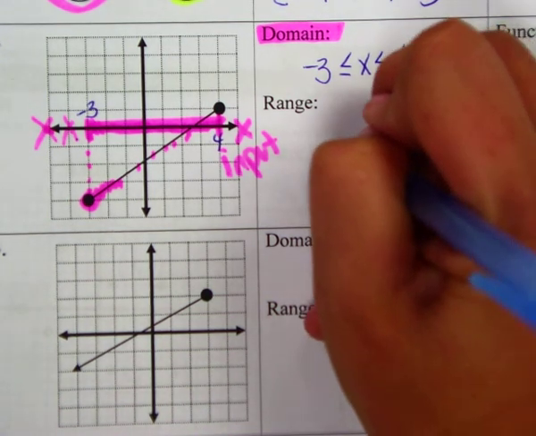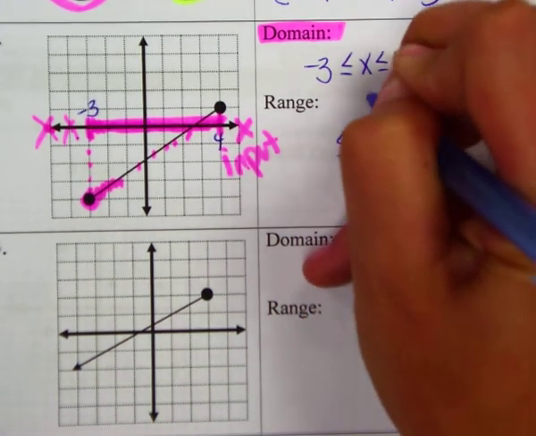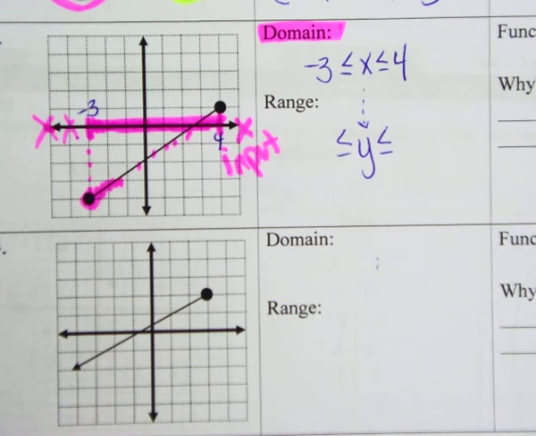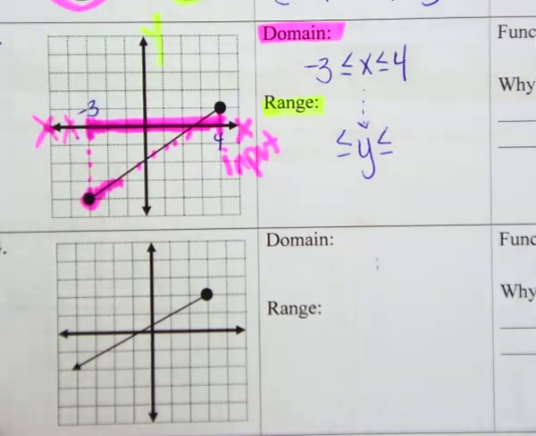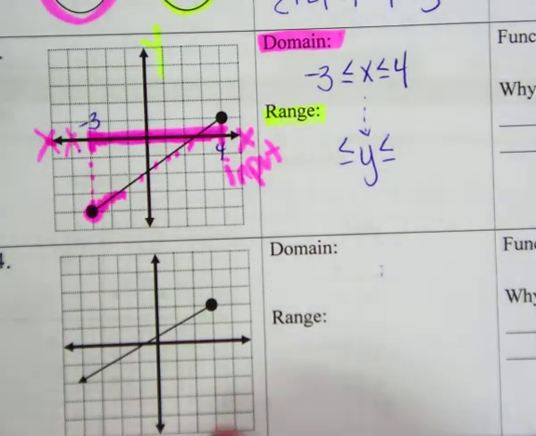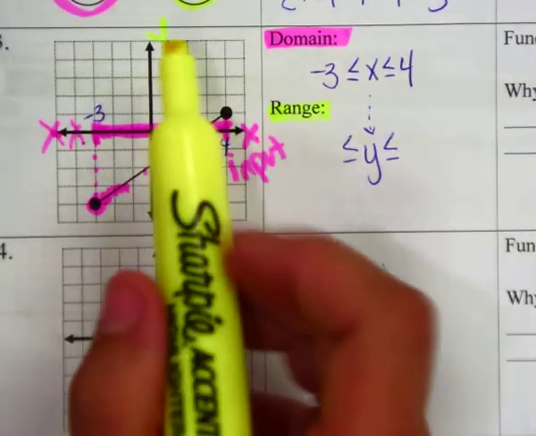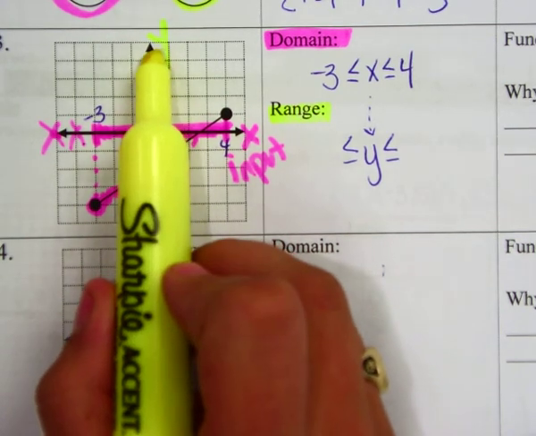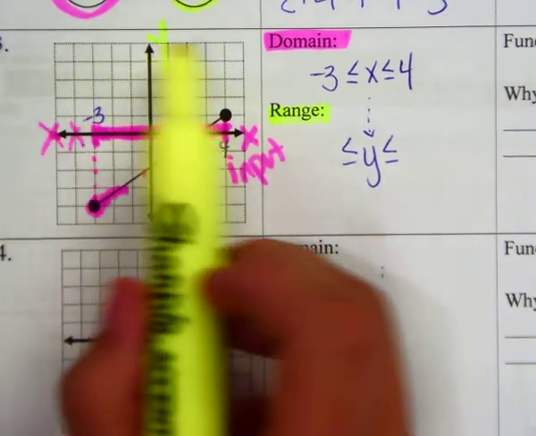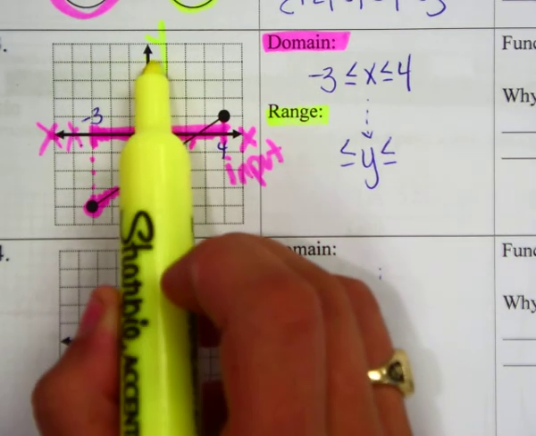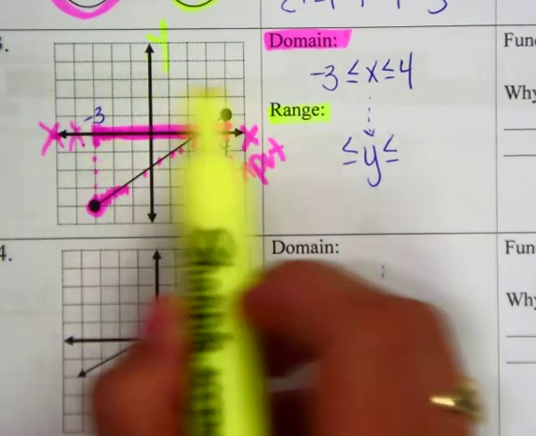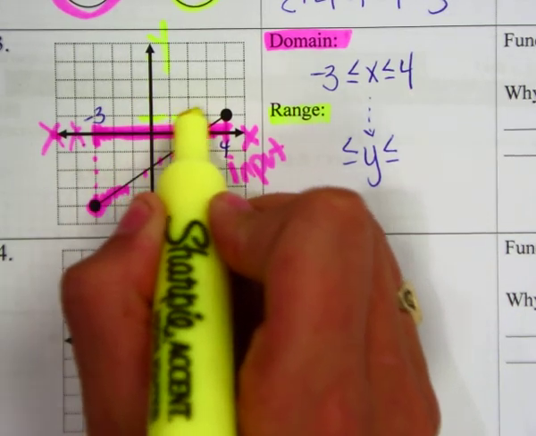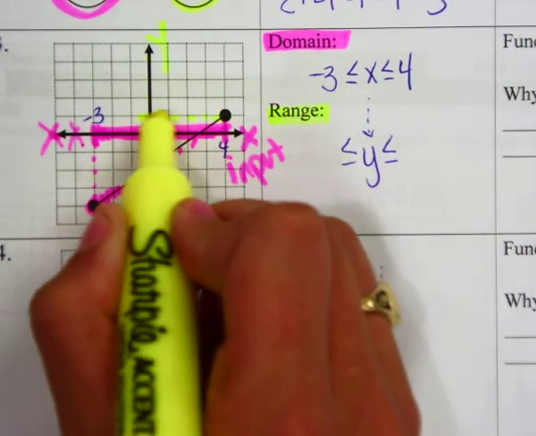Now let's do y. We're going to write y the same way, except instead of an x, we're going to put a y. Okay? Y is yellow. This is my y-axis, or my outputs. And so I'm going to go ahead and check. Is there this y value up here, does it have an x value? No. Does this y value have an x value? No. No. No. Here, there is an x value for this y value.